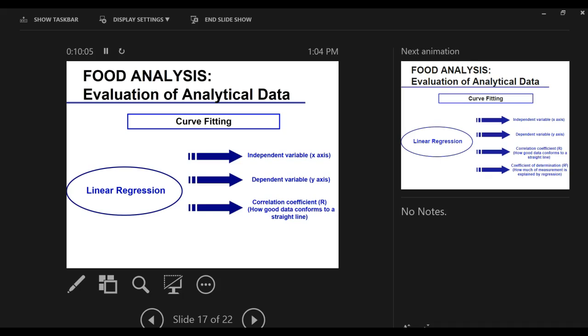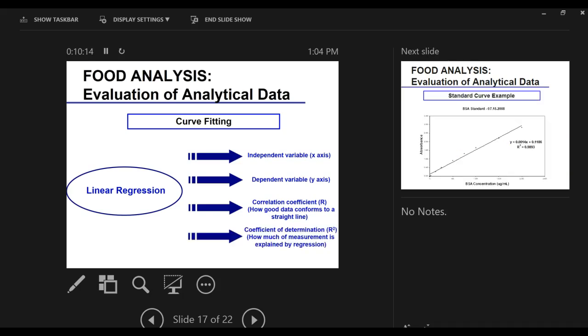So we have what is known as the correlation coefficient, designated by R. This is how well the data fits a straight line. Now the coefficient of determination, which is the R squared, is how much of the measurement is explained by the regression or the equation of the line, in other words, how strong is your prediction.